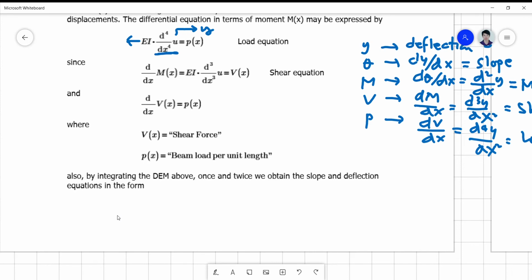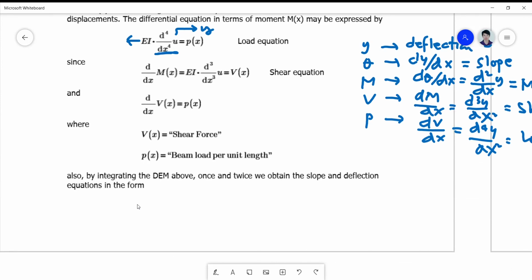So take note that the integration of the differential equation above, once and twice, not motion, so let's remove the m here. So the differential equation above, once and twice, will obtain simply the slope and the deflection equation.